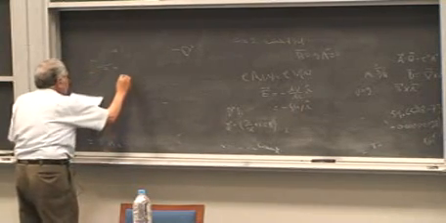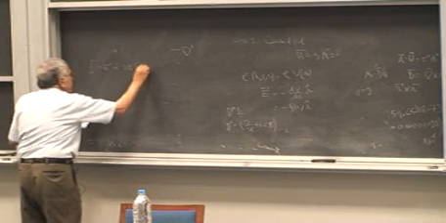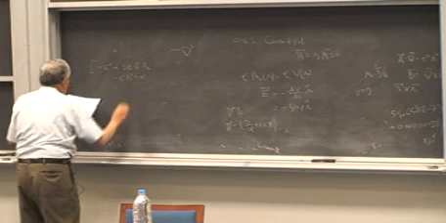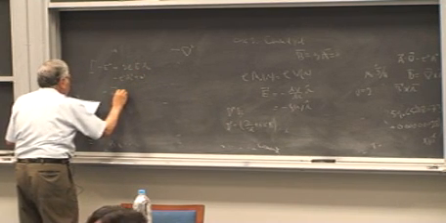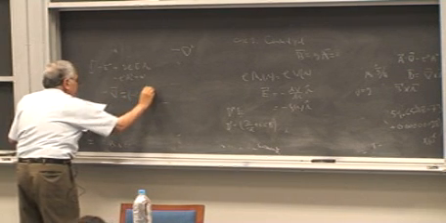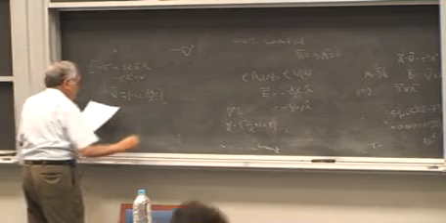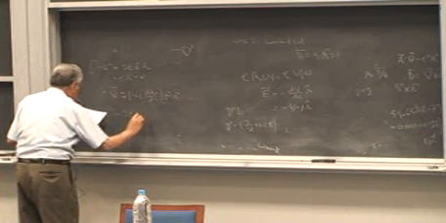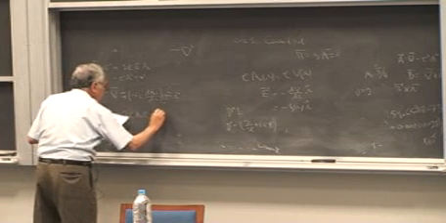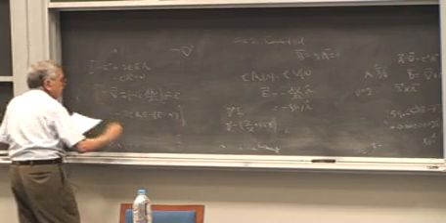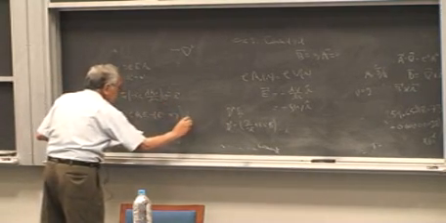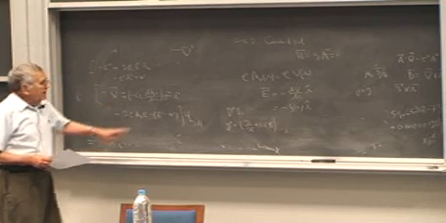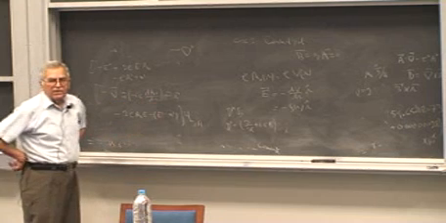So we will have minus E squared. Now the only independent part here is sigma dot r.